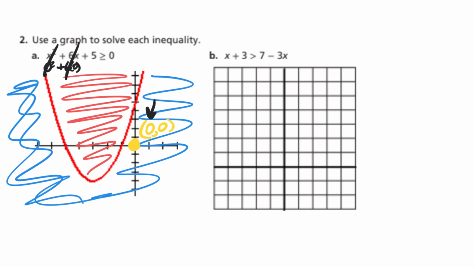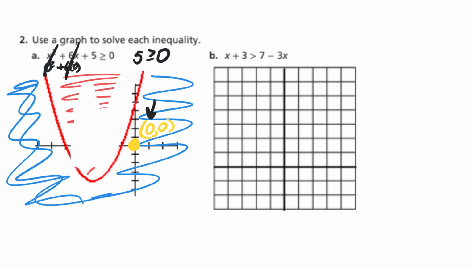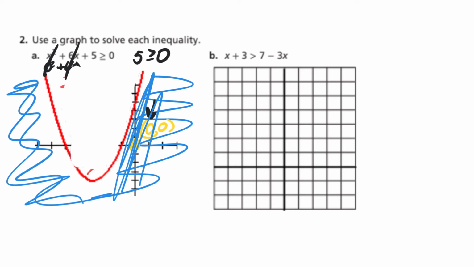So here's the question. Is the result a true or a false statement? Is 5 greater than or equal to 0? Of course it is, which means the area where the origin is the solution area. So this area inside here is not part of the solution, but everything outside is.